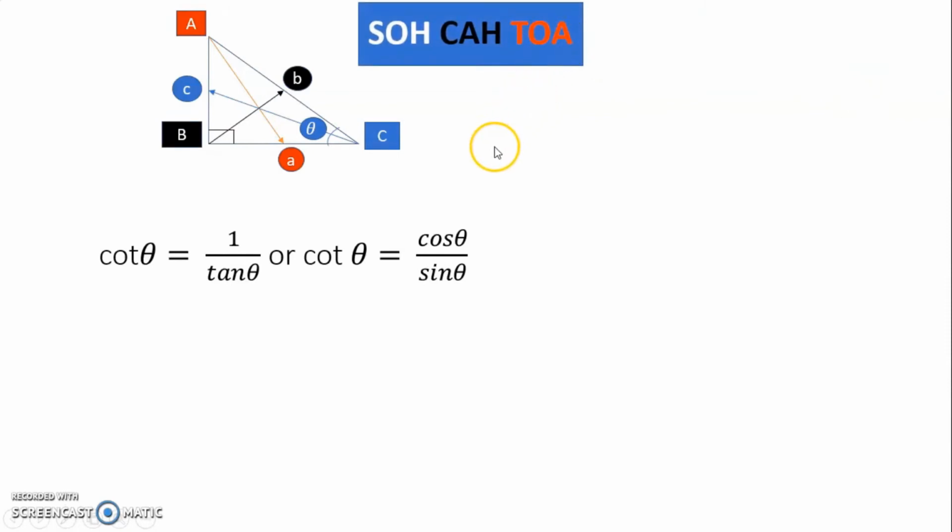Now, that means if this is opposite over adjacent, we are going to substitute opposite over adjacent in place of tan. Remember, we want to simplify 1 over tan theta.